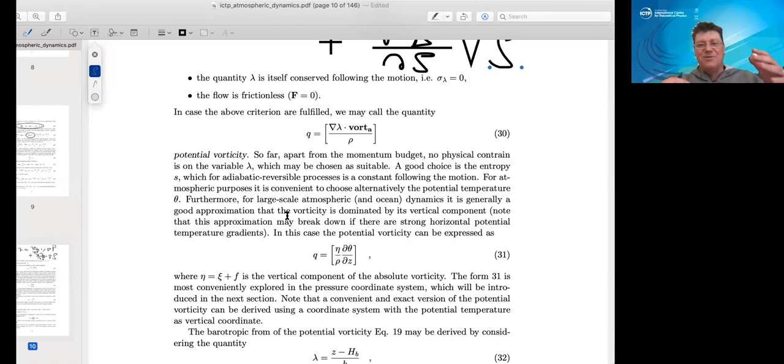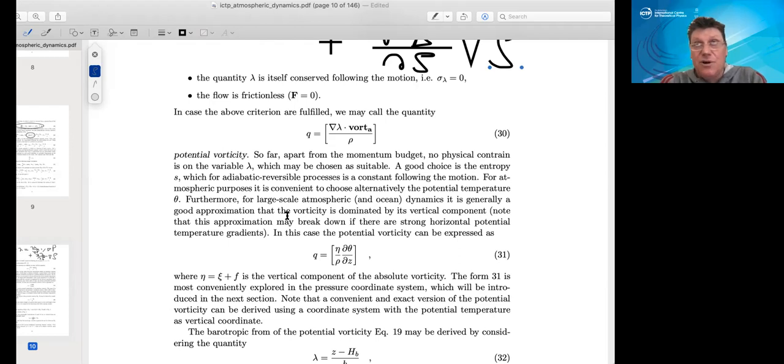If a quantity is exchanged between latitude bands, but the quantity then loses its property, it's not possible really to think of a mixing of this quantity. So therefore, this potential vorticity assumes a very, very important role in fluid dynamics, and in particular in geophysical fluid dynamics and in climate and atmospheric dynamics.